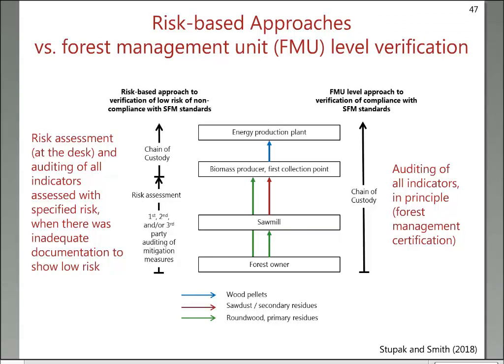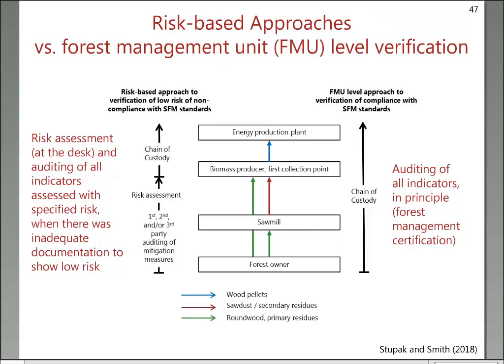If I should shortly explain what's the difference between the traditional approaches, then in forest certification systems you have the forest owner who is certified, and you have a chain of custody in place that follows the document throughout the supply chain system.